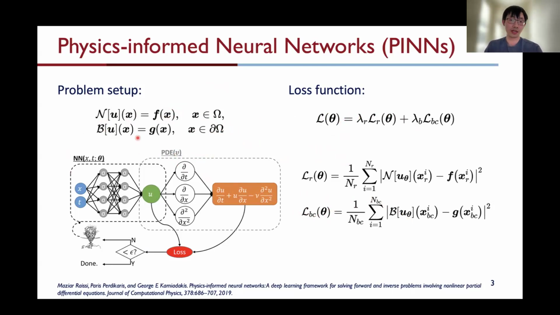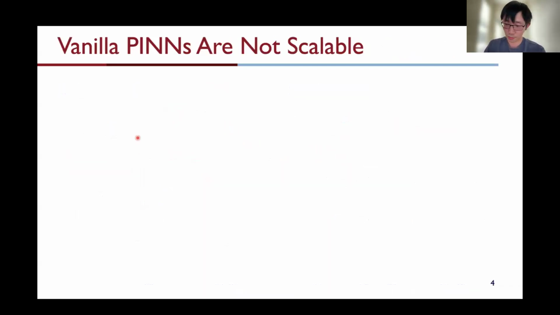But in the next slides, I want to demonstrate that the vanilla PINNs actually are not scalable. Here, the scalability doesn't mean we cannot afford the computational costs to train deep PINN models, but means that we cannot gain benefits from training deep PINN models.